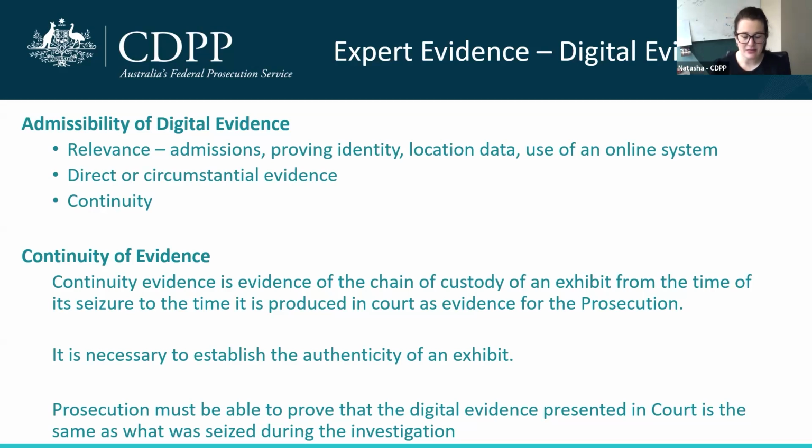For digital evidence, particularly where a copy of data has been made, the prosecution must also be able to show that it's an exact replica of the item that was seized from the accused's house. This will be established by leading evidence to show the person who made the exact replica and that no one had access to the actual item that was seized.